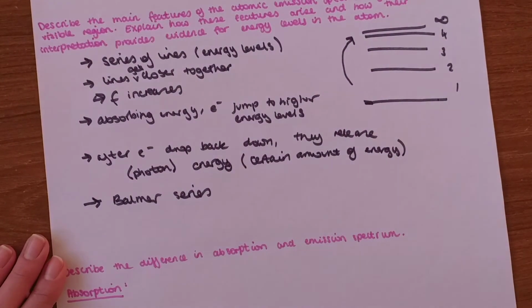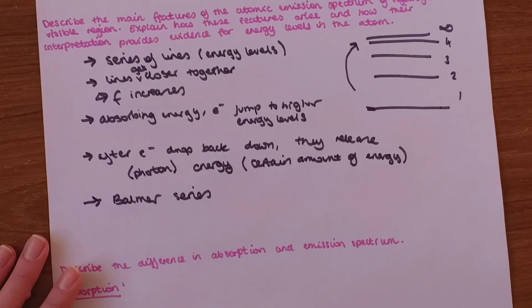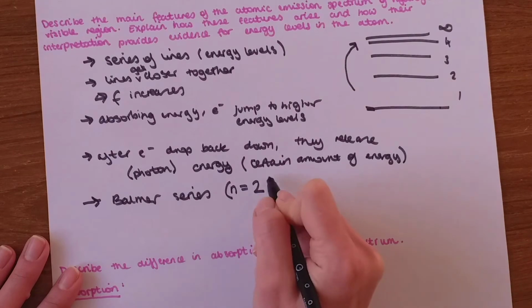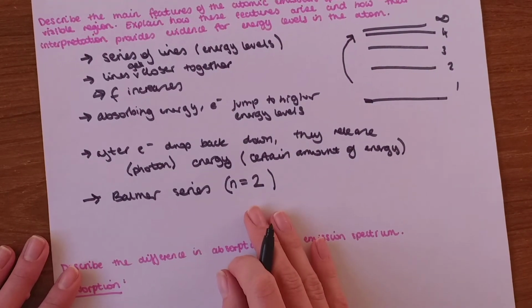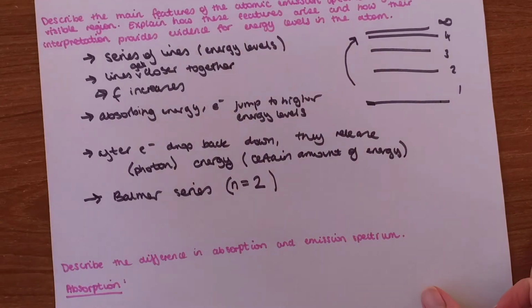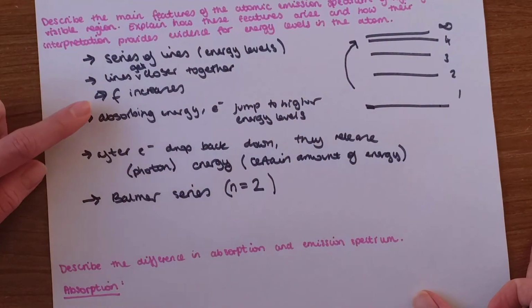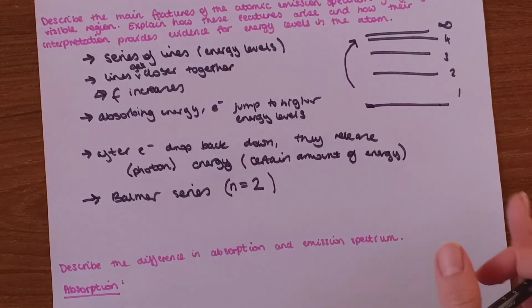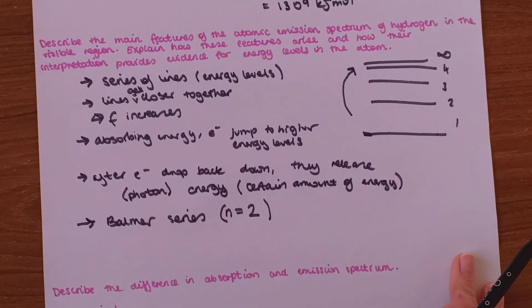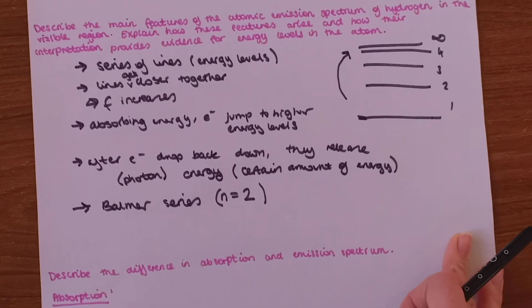Lyman series is in the UV part of the spectrum, and Balmer is in the visible region. So we can write this. I think that's enough. We've got 6 points. We explained the hydrogen emission spectrum.